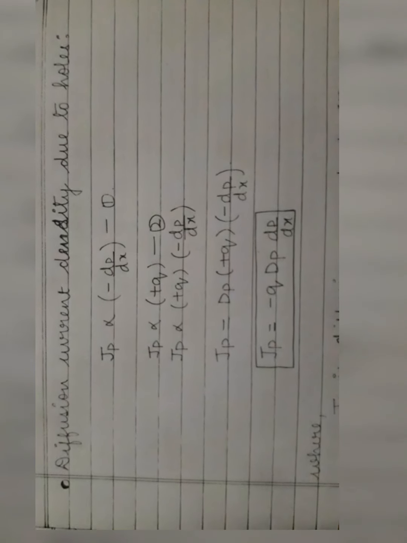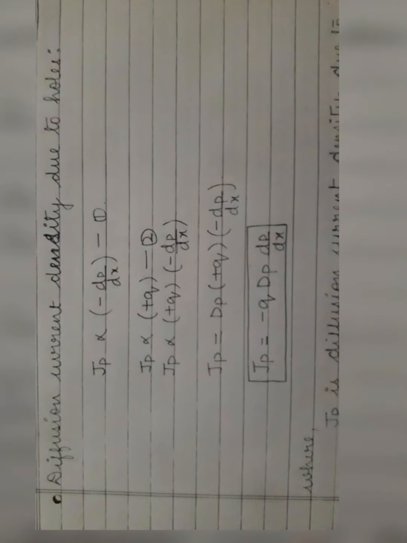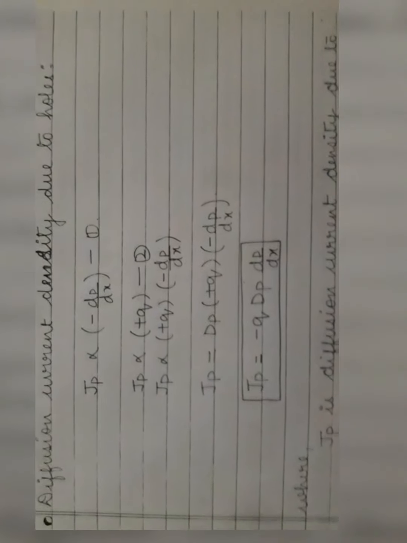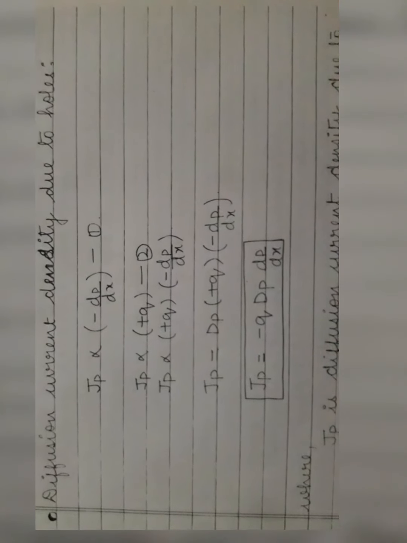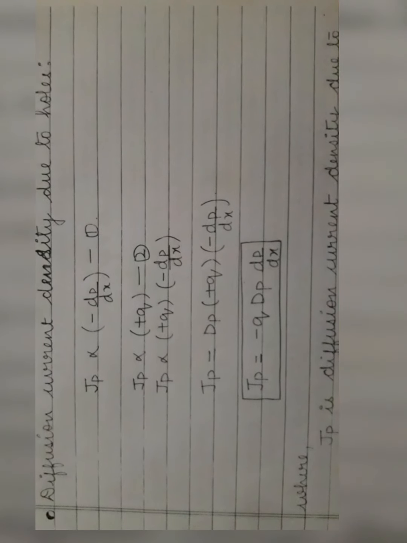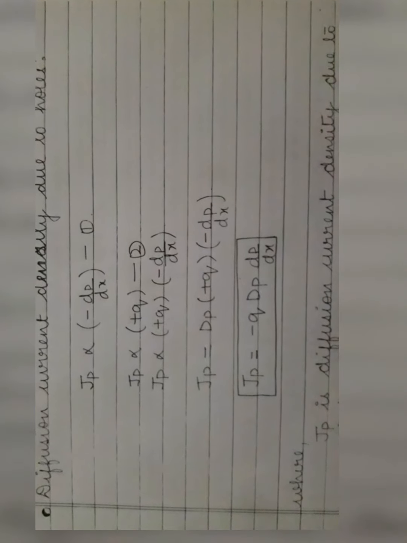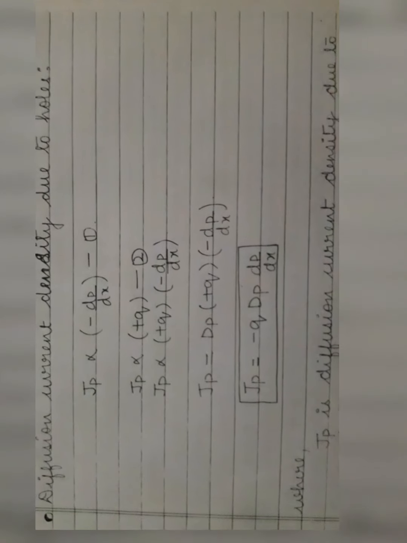Now we discuss diffusion current density due to holes. Jp is directly proportional to minus dp by dx. This is equation 1. And Jp is directly proportional to plus q for positive holes. This is equation 2.